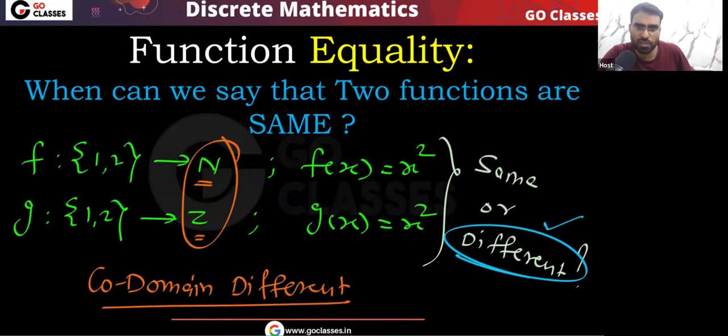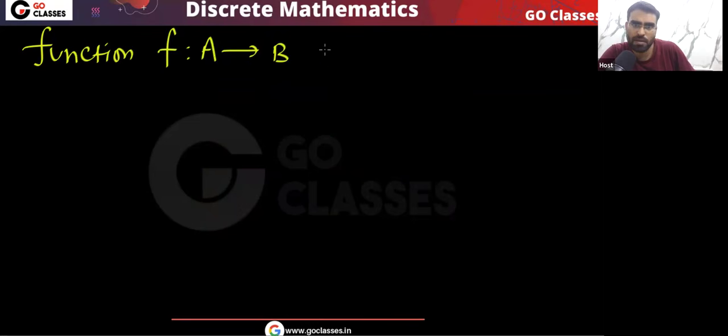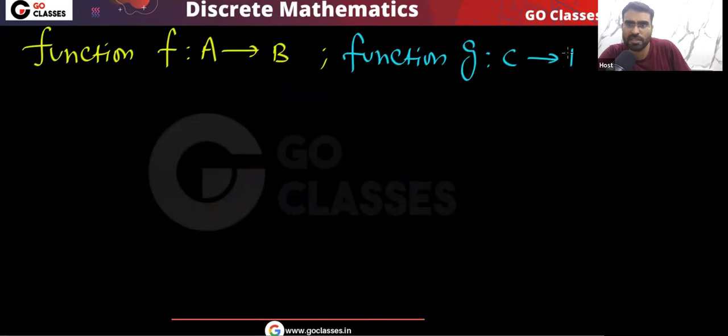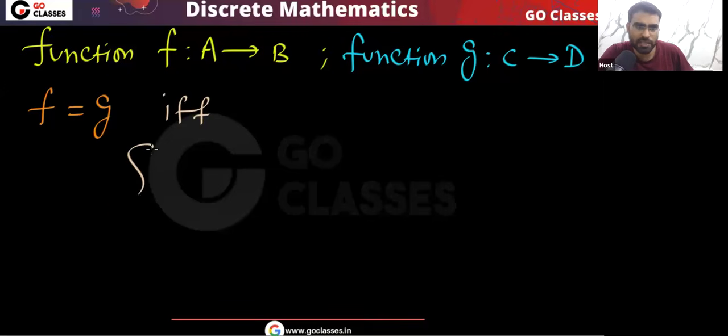So when can you say two functions are same? If you have two functions, let's assume you have function f from set A to set B, and you have function g from set C to set D. Now tell me, when can I say f is equal to g? If and only if three things must happen.